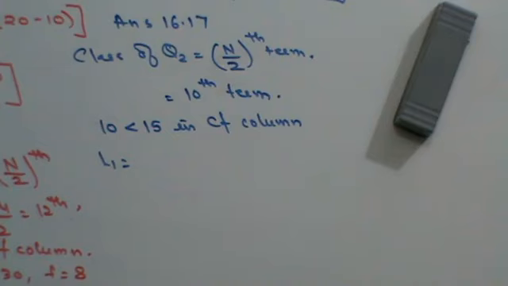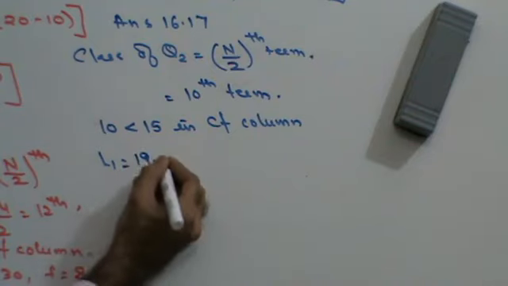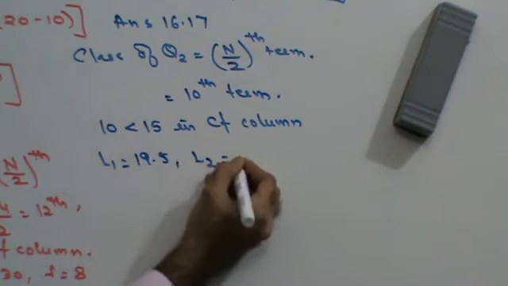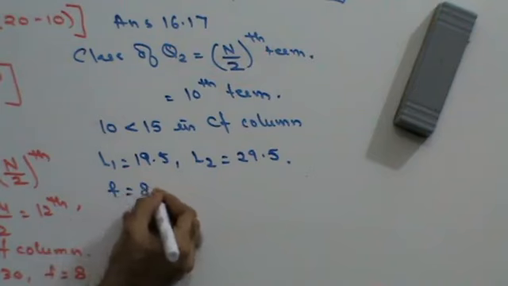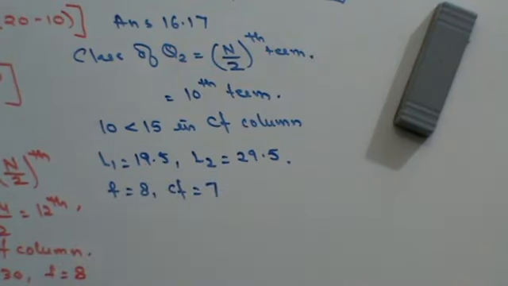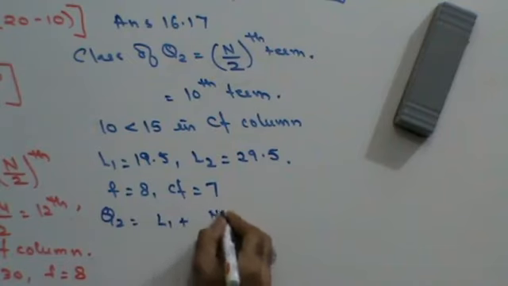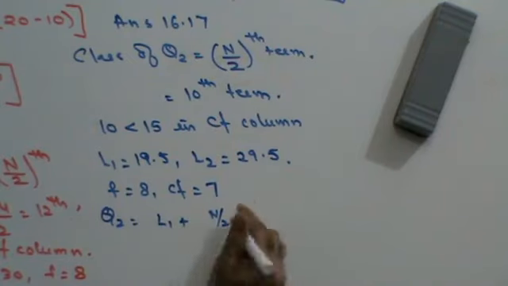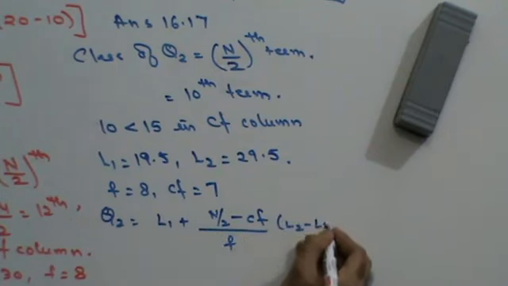You will reduce the lower limit by 0.5 and increase the upper limit by 0.5. So your lower limit now will be 19.5 and upper limit will be 29.5. F is going to be 8 and CF is going to be the number above that, that is 7. Once you have this, then you can find out Q2. Q2 is L1 plus (N by 2 minus CF) upon F, times (L2 minus L1).